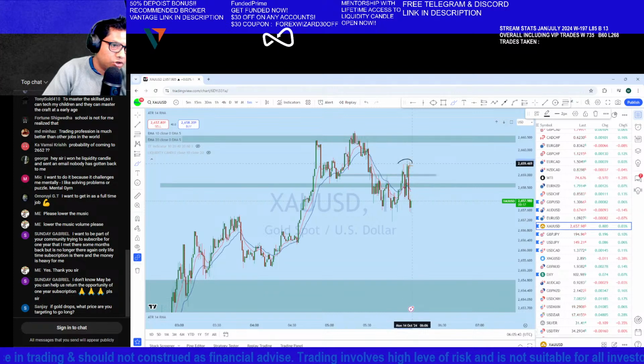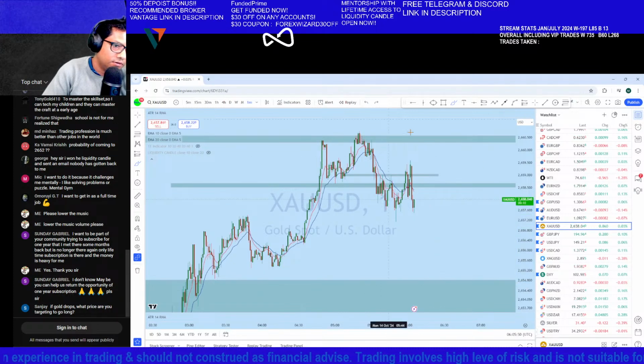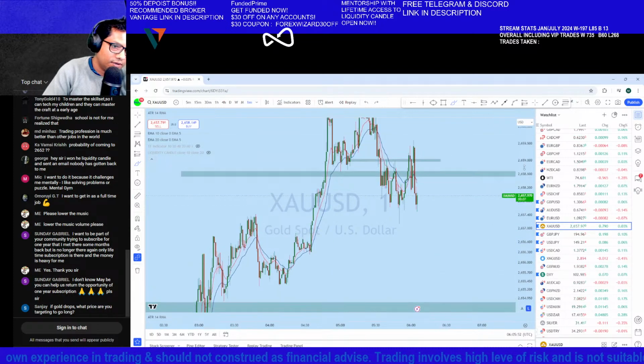We have seen that there is a double top here, so we might see some potential downside here.